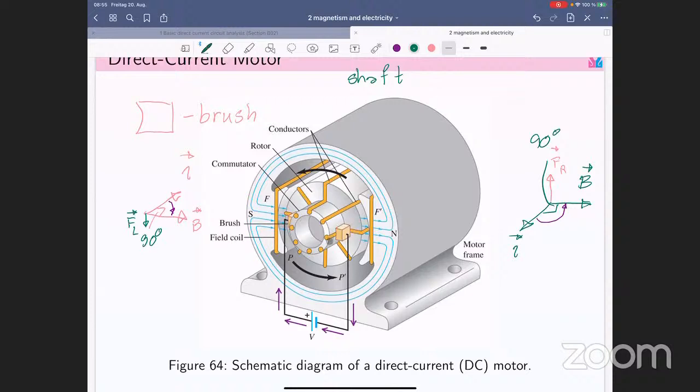When it moves, this conductor, which is connected in this way and goes along behind the rotor at the rear part of the motor, will go to this position, and this one will replace the position of that one. Both belong to a pair of each other. And of course, there will again be induced force.